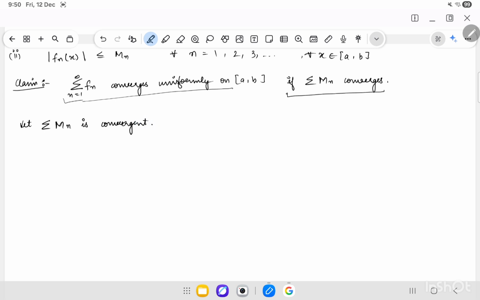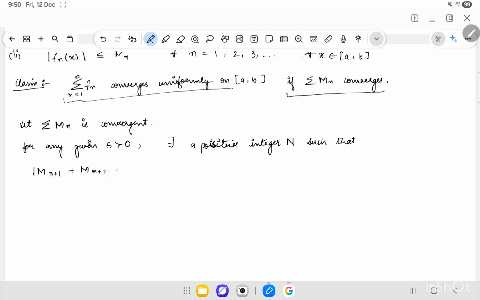Now if we write its definition, for any given epsilon greater than 0, there must exist a positive integer N such that the modulus of Mn+1 + Mn+2 and so on up till Mn+p is less than epsilon for all n greater than or equal to capital N, and it holds for all p greater than or equal to 1.